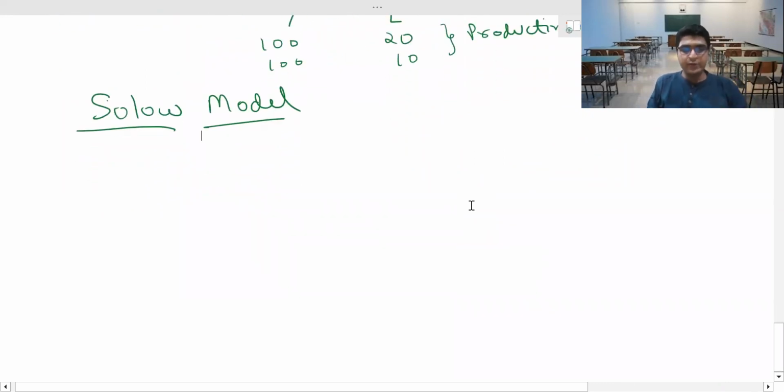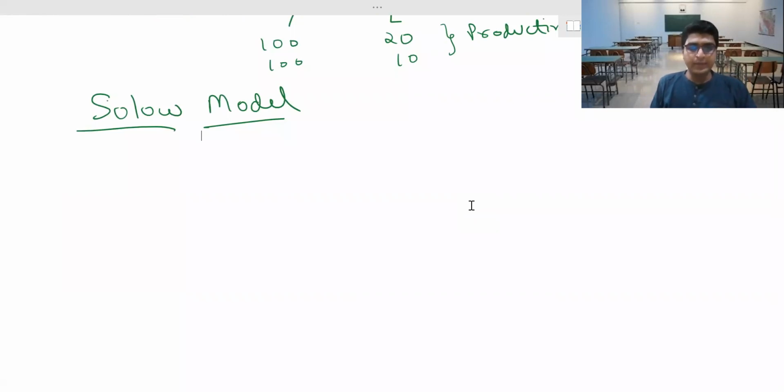So far we have understood the importance of the Solow model and how it took different variables using the data. Okay. Now let's see all the assumptions, because every model relies on certain assumptions on which that model is built.